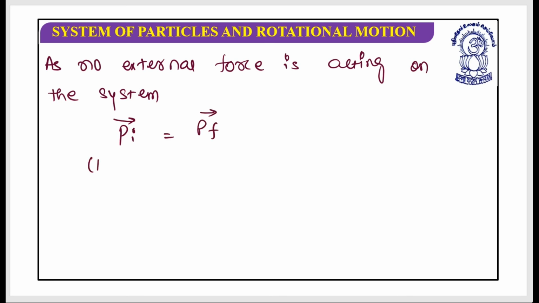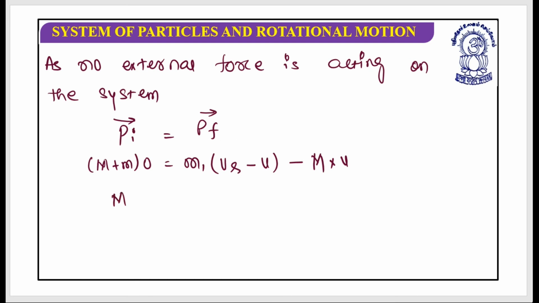Initially it was (M plus m1) into 0. For the final momentum, the momentum of the person, as it is in the positive x direction, is m1 into (vr minus v), minus the platform, which has mass M and velocity v, but as it is moving in the negative x direction, I have written it with a minus.